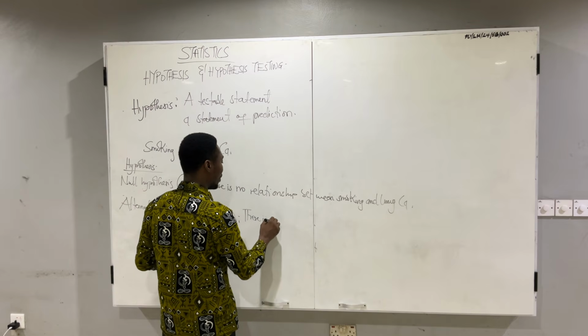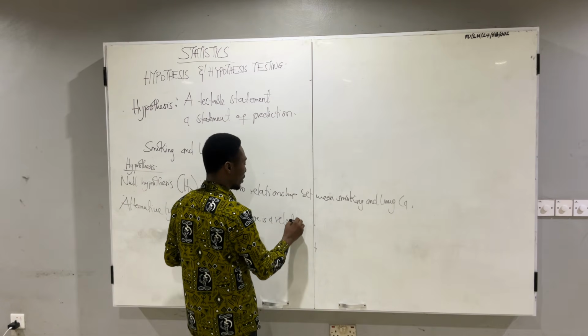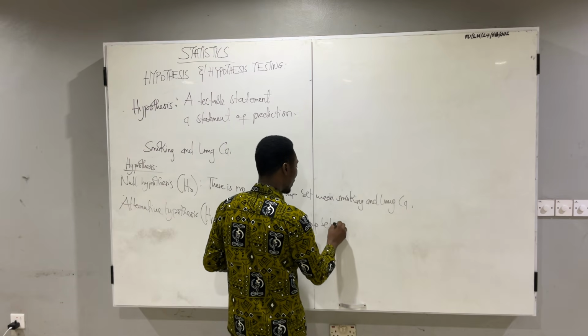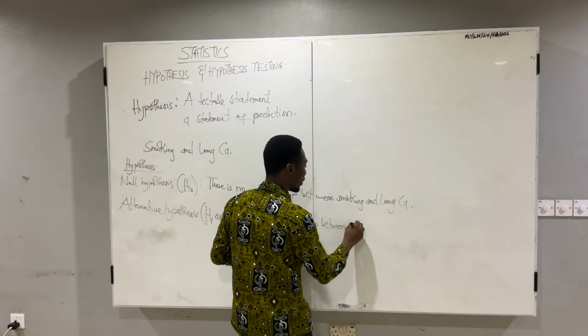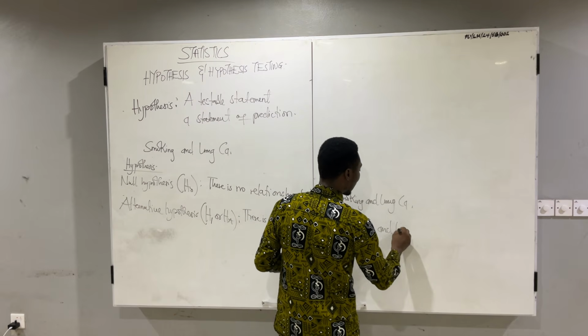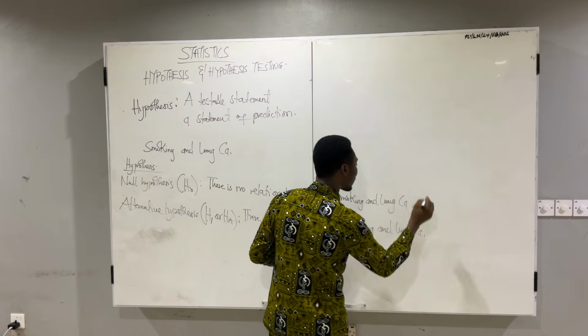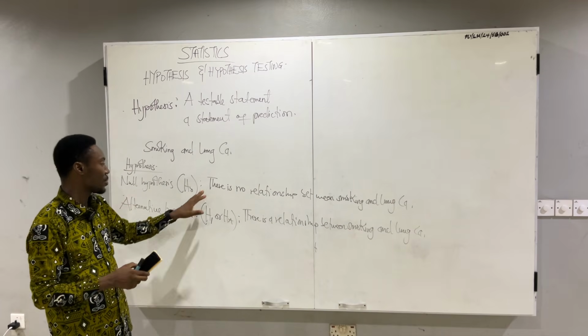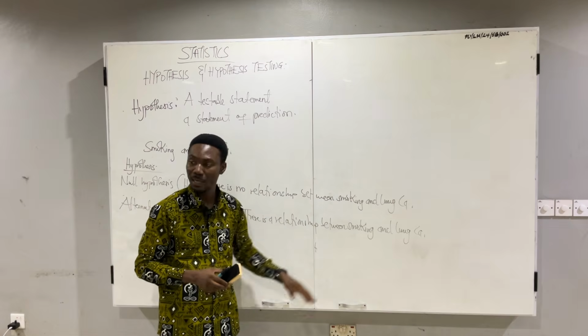There is a relationship between smoking and lung cancer. Now, one thing you should know is that, look at this hypothesis. This one is saying there is no relationship between smoking and lung cancer.